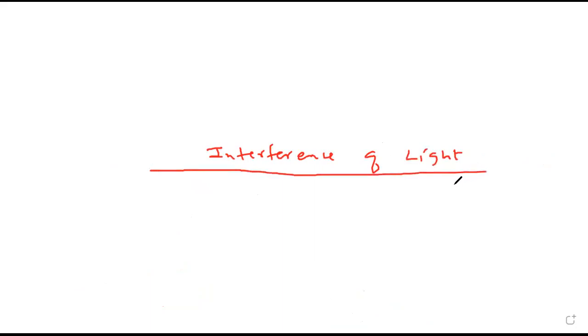Now we are starting with interference of light. Easy chapter it is. So suppose this is one point and a wave starts from here and reaches at this point.